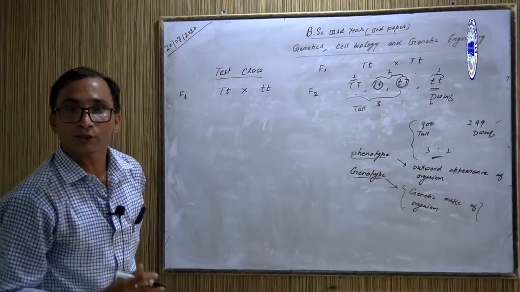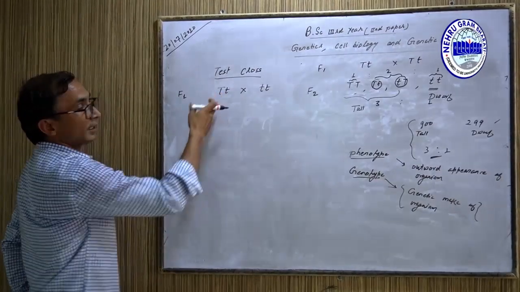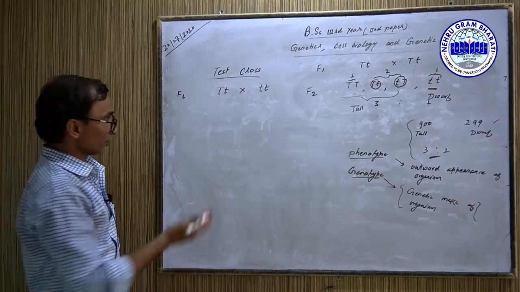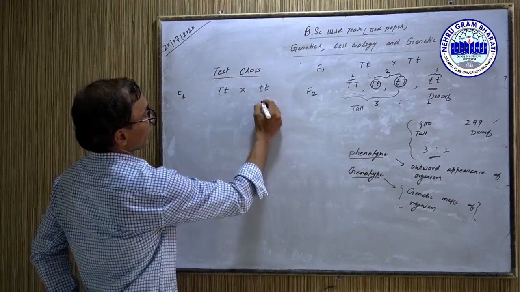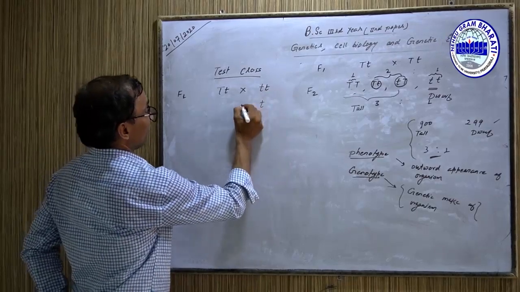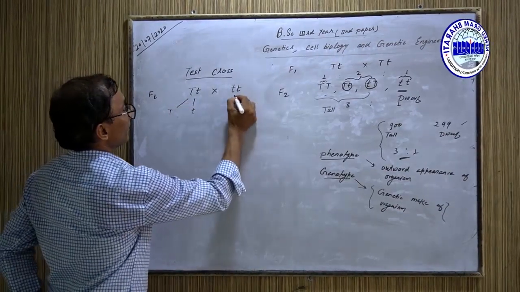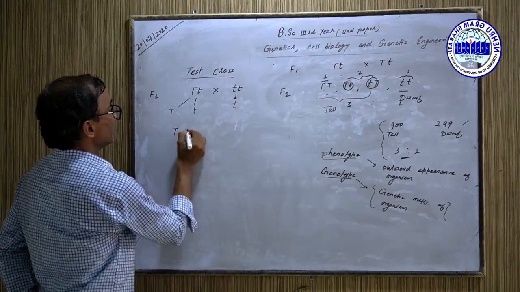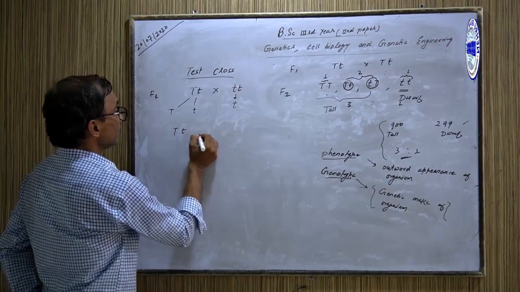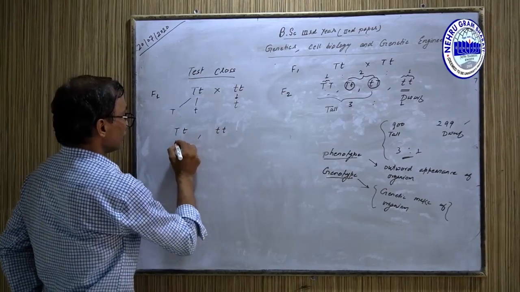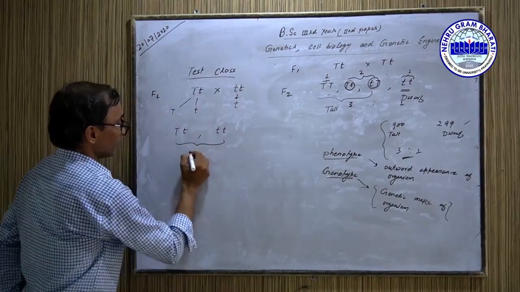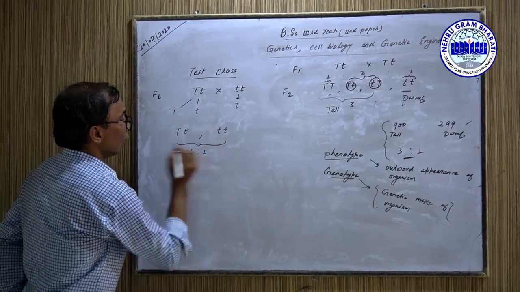On that basis, you can predict whether this F1 is heterozygous or homozygous. So let us see, if you conduct this, this will form two types of gametes, right? And this is forming just one type. So we will be getting Tt and tt, right? So we are getting a 1:1 ratio.